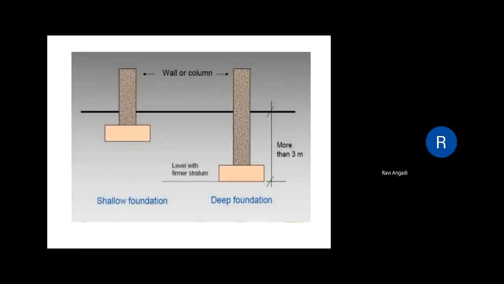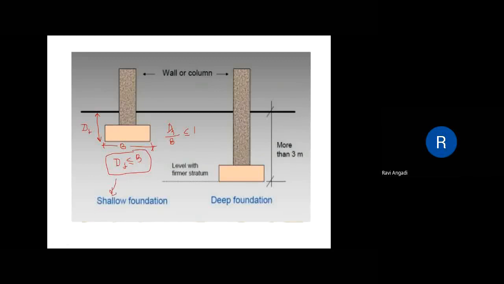Look at this picture. This is the depth of the footing from the ground level, and this is the width. When the depth of the footing is less than or equal to the width of the footing, it is called a shallow foundation.